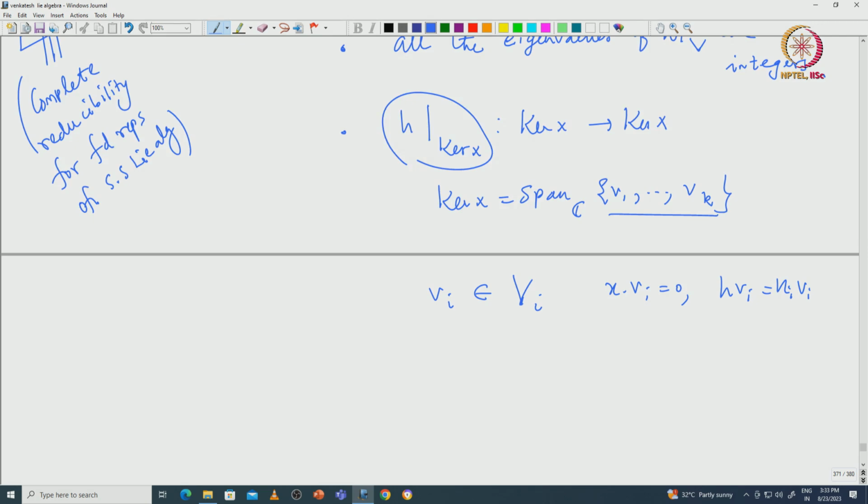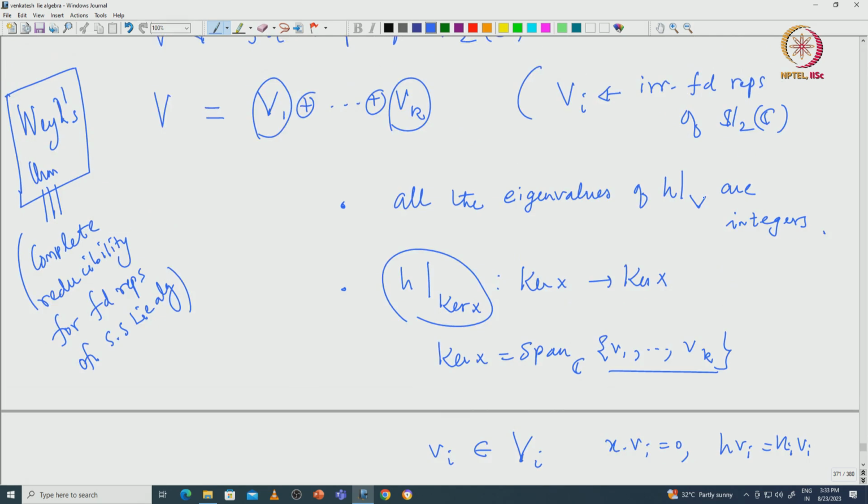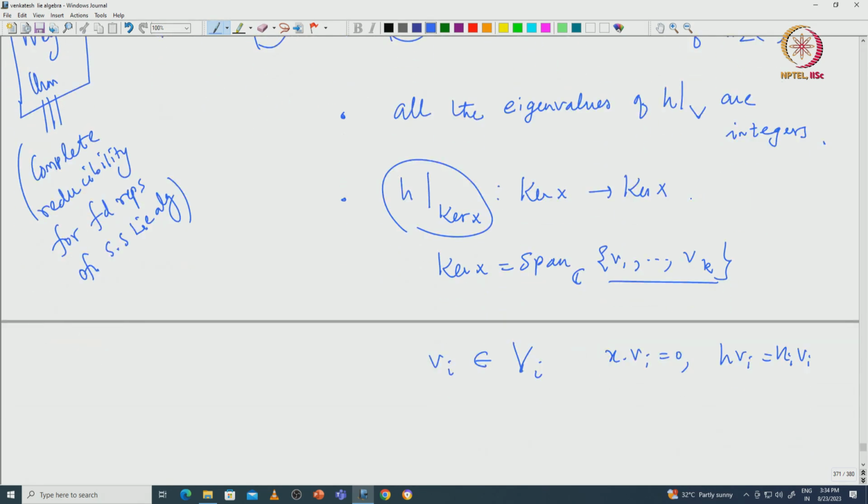That is what we observe. But anyway, we will see later there is another way to decompose V into a direct sum of irreducibles using some other method, which is more efficient than looking at the kernel X and so on.